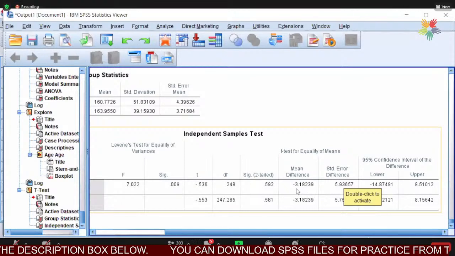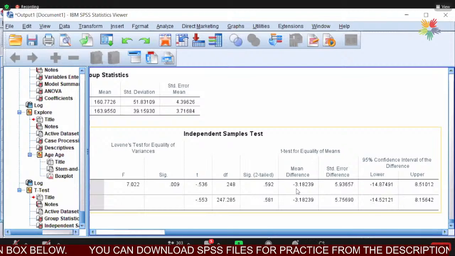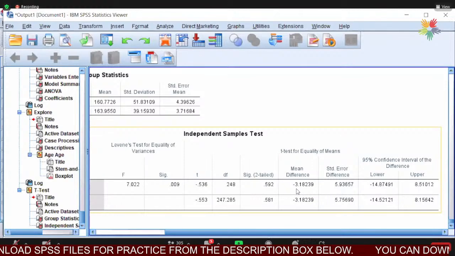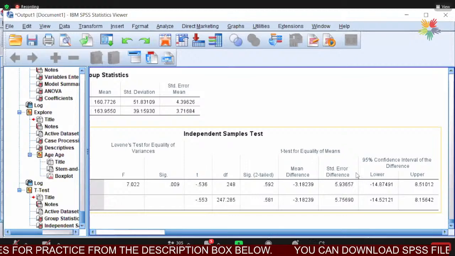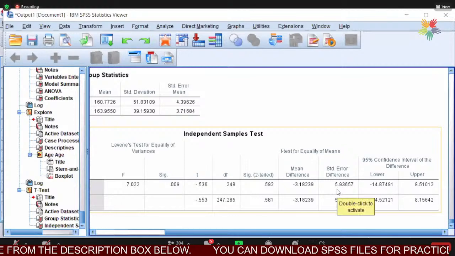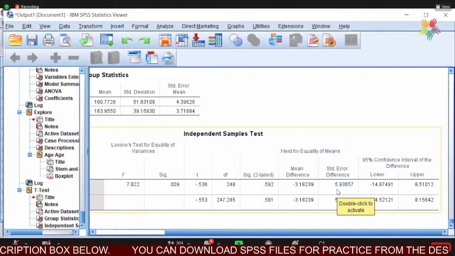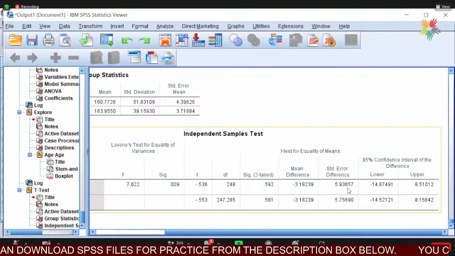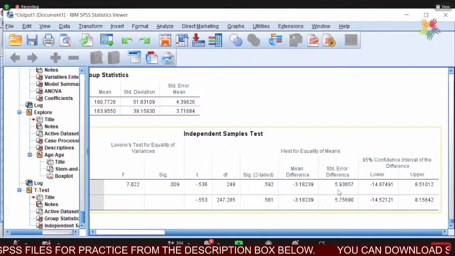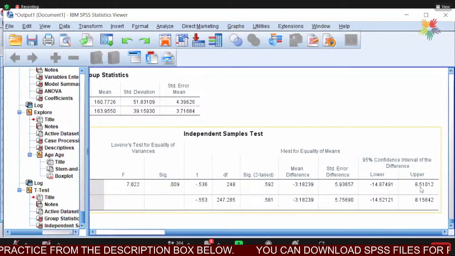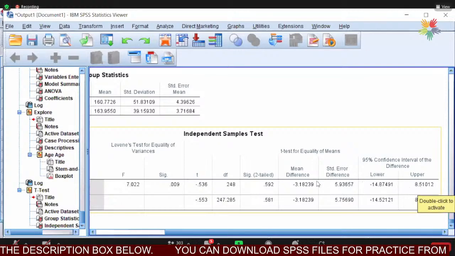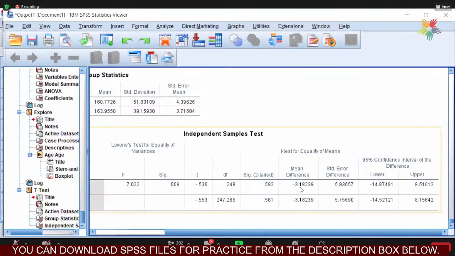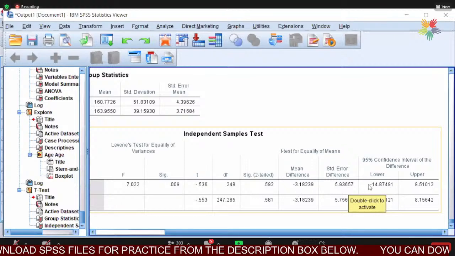The difference is minus 3, so the lower bound is minus 3 minus 1.96 into the standard error, and the upper bound is minus 3 plus 1.96 into the standard error. Here the standard error is 6, so 1.96 into 6 is almost 12. So 12 minus 3 gives 8.5 on one side, and the lower bound is minus 3 minus 12, that is minus 14.